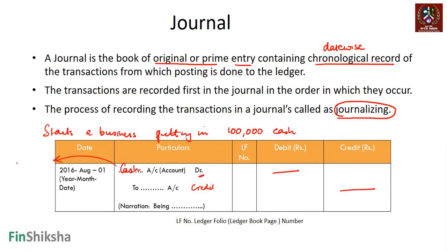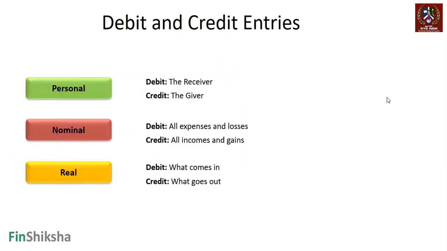Also, cash is a real account, correct? We read about real, nominal and personal, and in a real account, debit what comes in, right? We remember this just to ensure that we remember this. We say what comes in gets debited.